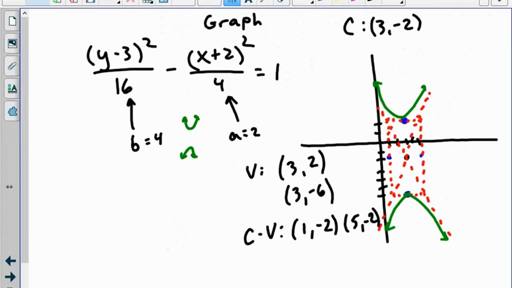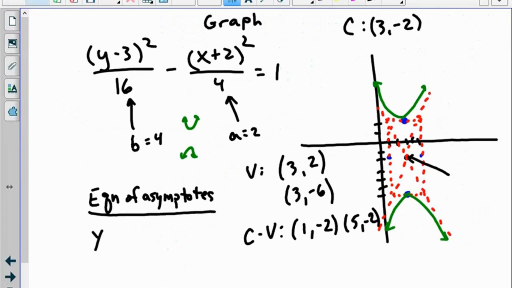But the other thing we will have to do is we'll have to write the equation of the asymptotes. So the equation of the asymptotes, notice that the asymptotes go through the center point. So we'll write these in point slope form. Y plus 2 equals the slope times x minus 3. So our main job is to figure out what the slope is. Notice there are two slopes because there are two equations.